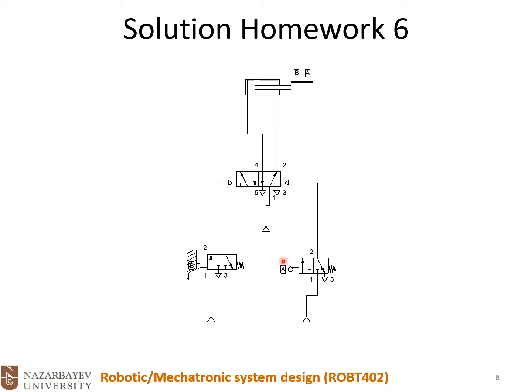So another way to imagine this configuration on a real system is that these are, let's say, micro switches, okay? And these micro switches or rollers will be activated by a mechanical contact between the stroke and the roller.